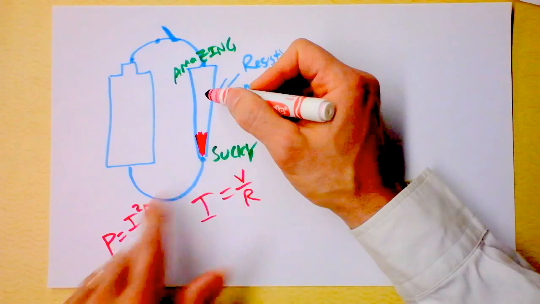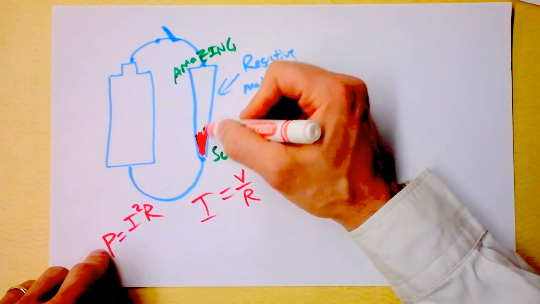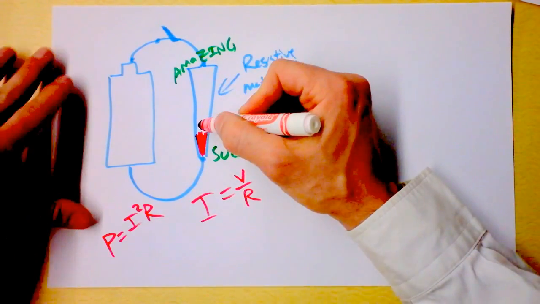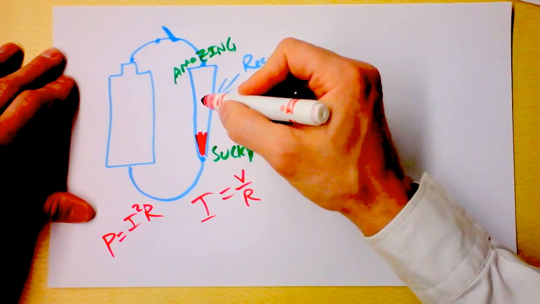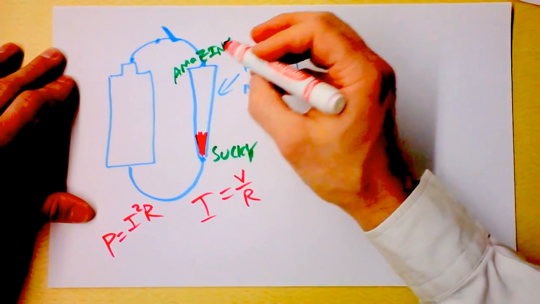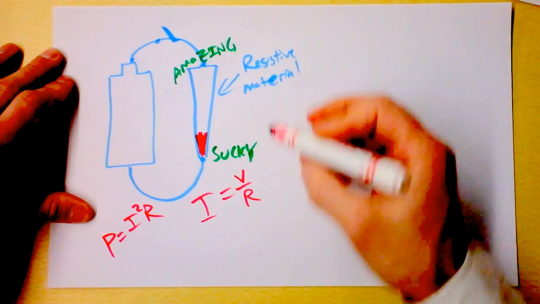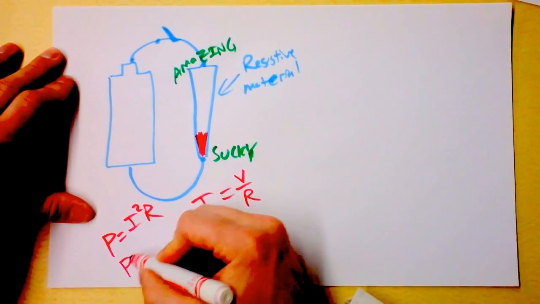So for a current going through there to get enough power to heat up, we know that we're going to have sufficiently high resistance. Wow, we got another equation for power that we could use.